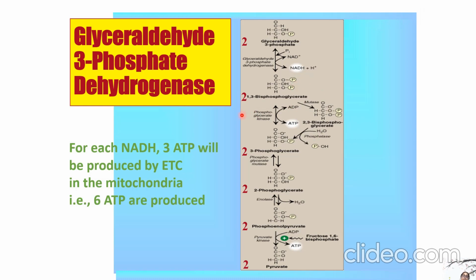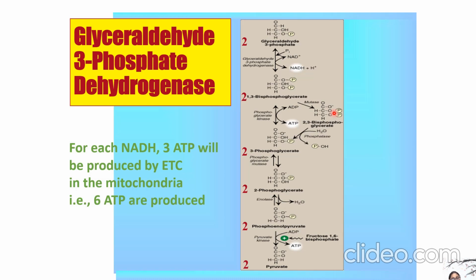Then from 1,3-bisphosphoglycerate, the action of mutase can give rise to 2,3-bisphosphoglycerate, which can also get converted to 3-phosphoglycerate, or 1,3-bisphosphoglycerate can directly get converted to 3-phosphoglycerate using phosphoglycerate kinase. And 2,3-bisphosphoglycerate can get converted to 3-phosphoglycerate because one phosphate from the 2 position needs to be removed, so phosphatase.